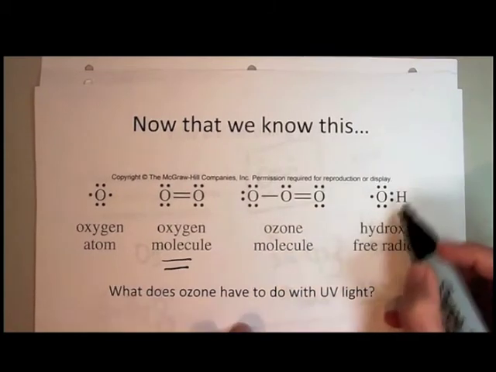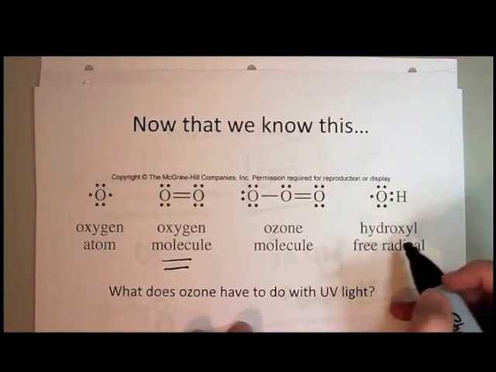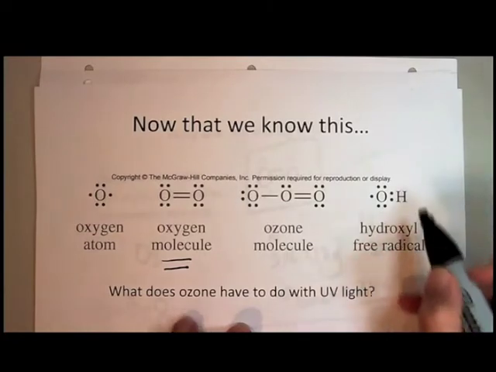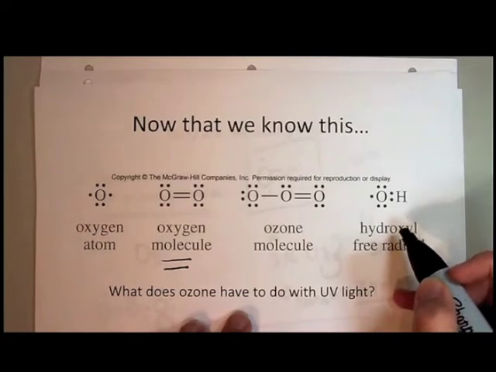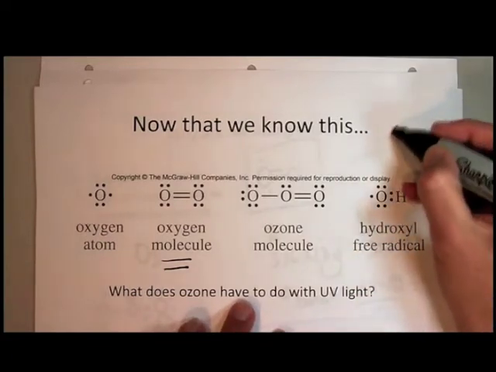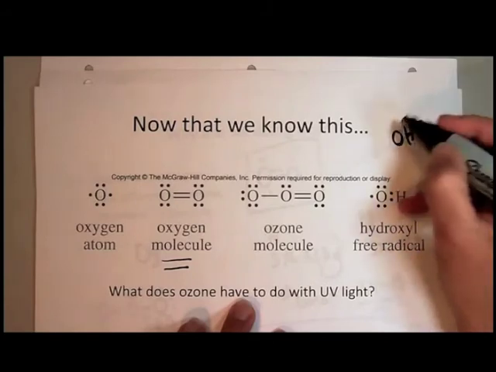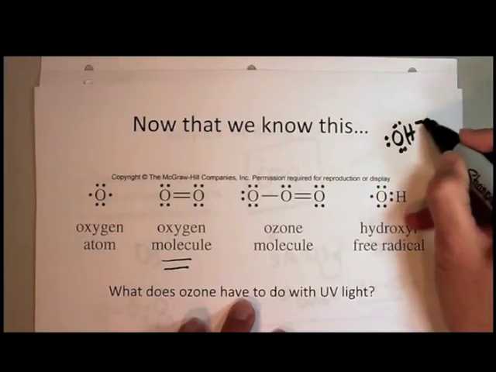And then one more Lewis structure that I want to point out to you is of the hydroxyl free radical. Notice this is not the hydroxyl or hydroxide anion. The hydroxide anion carries a -1 charge. The hydroxide anion looks like this, and the Lewis structure is like this. It's got 1 extra electron, which gives it that negative charge.